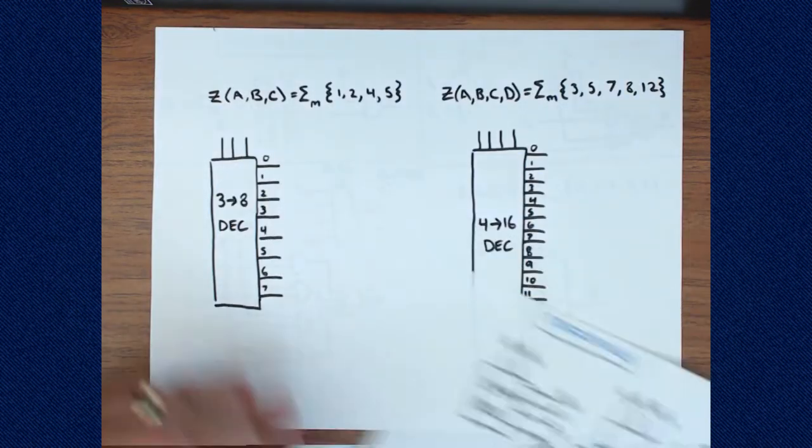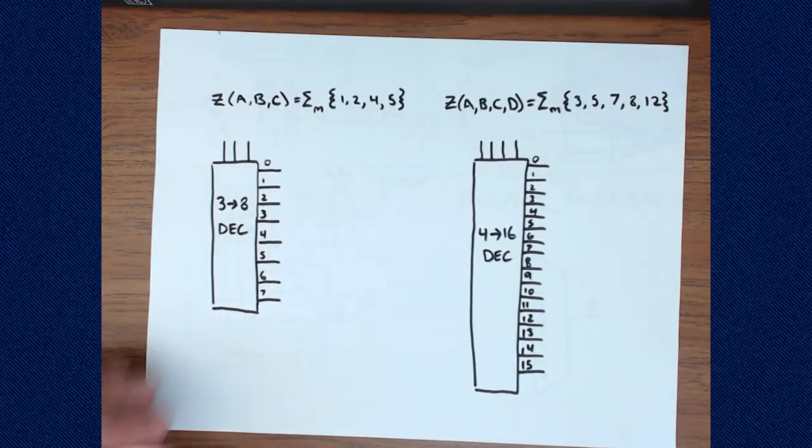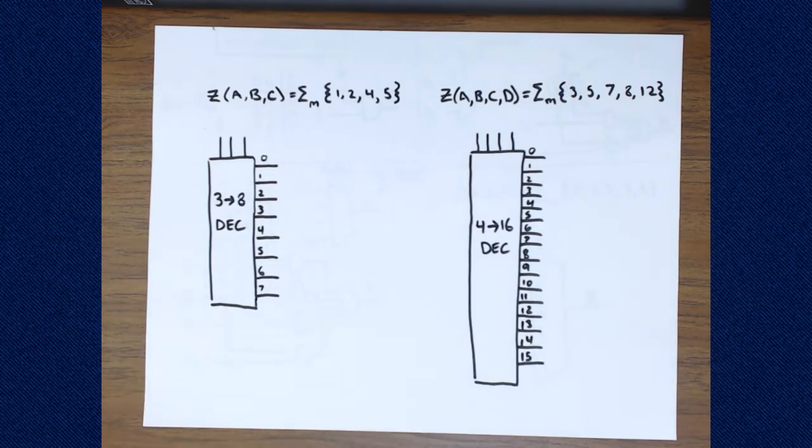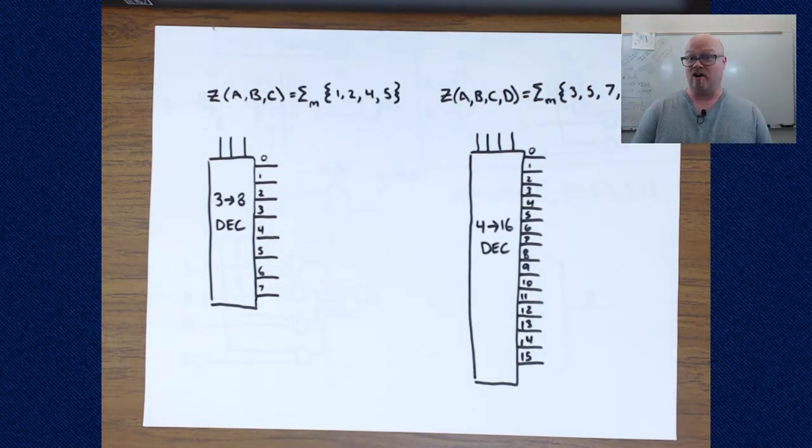Now, a fun thing about the decoder is that we can use a decoder to make any circuit at all. And the way this works is, if you think about the sum of products min-term form expressions, these give us a nice shorthand to indicate which output rows of a truth table for a particular function are going to produce a 1.